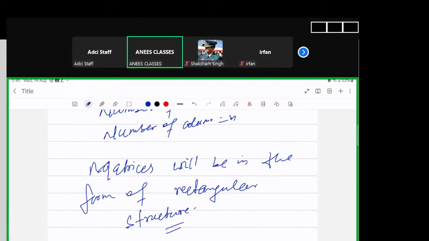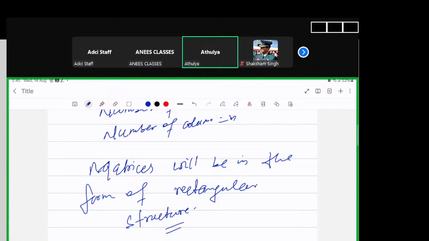A square is a special case of a rectangle. That means every square is a rectangle, but every rectangle is not a square. Understood, Saksham? Atulya? Yes, sir. Ripan? This is what you should think: every rectangle cannot be a square, but every square is a rectangle.